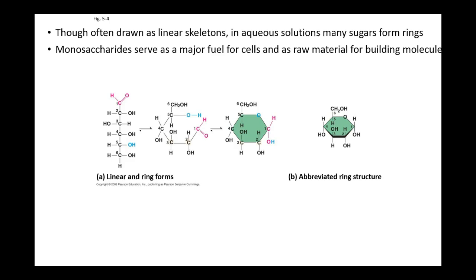The 6-carbon ring that is glucose, which is C6H12O6. Did I leave something out? I don't believe so. Is glucose, and that is our major fuel for cells in the body.